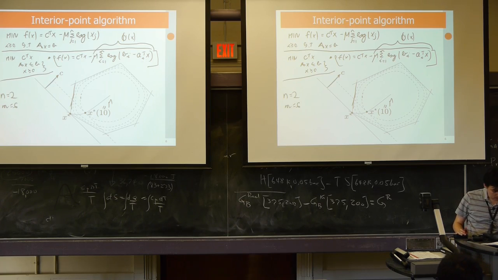So it means that in the optimum solution, this line should touch this dashed line here, right? So the gradient of c transpose x, that is vector c, should be parallel in the optimum with the gradient of this.